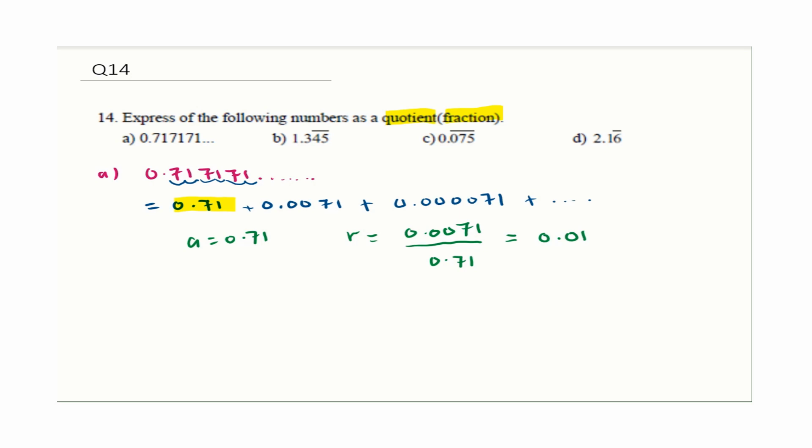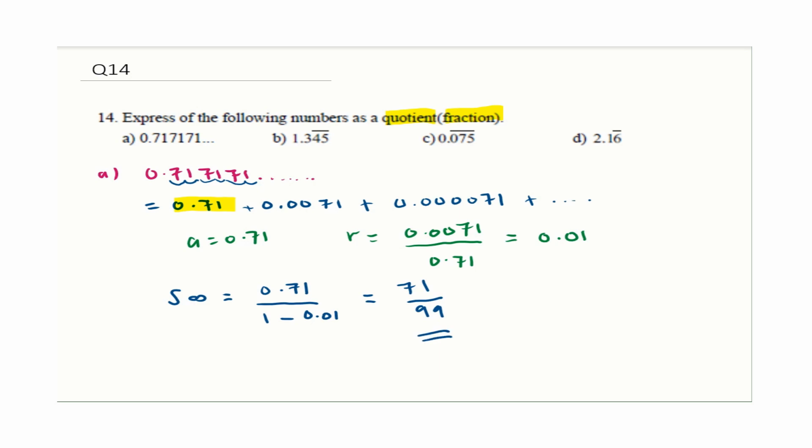So jadi kita akan guna formula sum to infinity. So then A kita is 0.71 over 1 minus 0.01. Formula dia is A over 1 minus R. So then we calculate, we get our fraction is 71 over 99. So this is fraction dia lah.